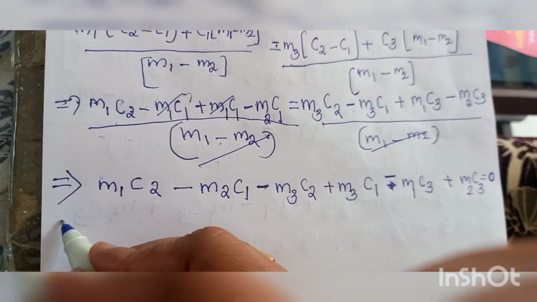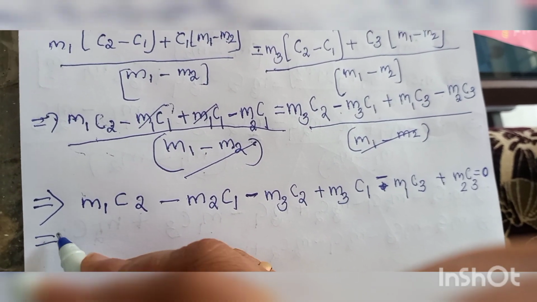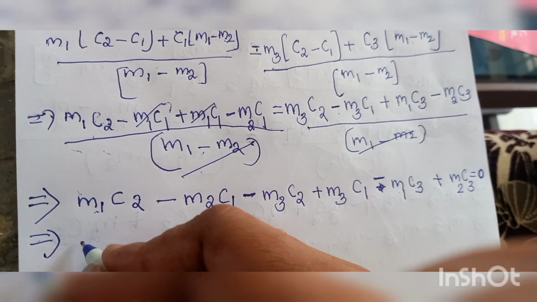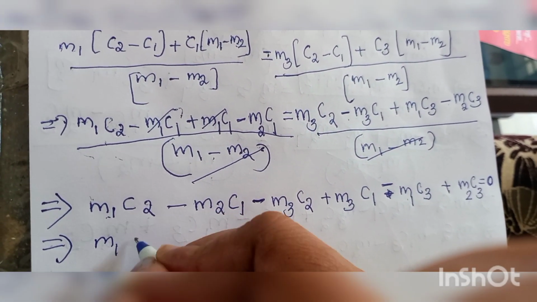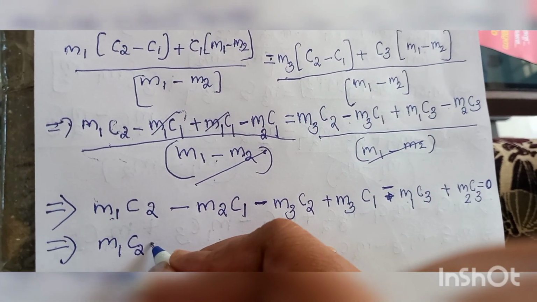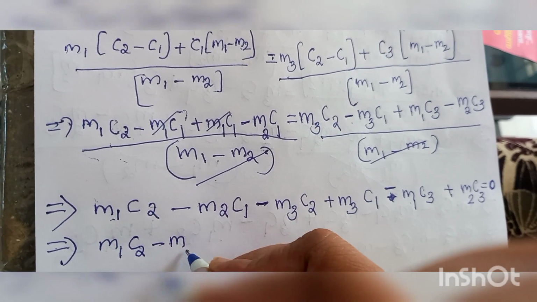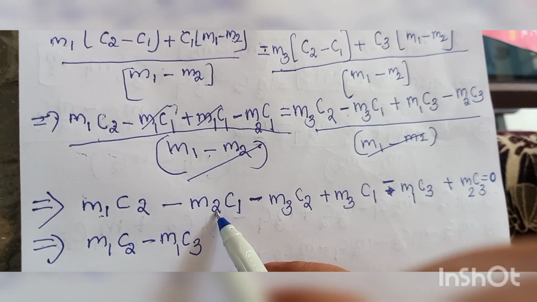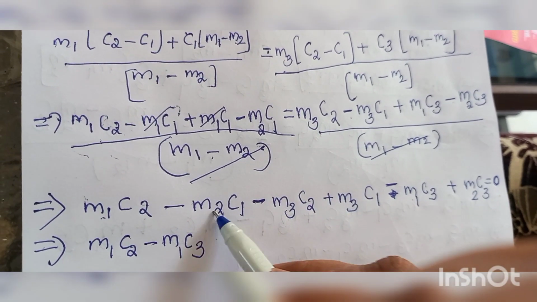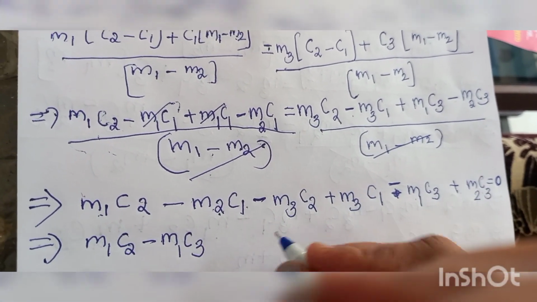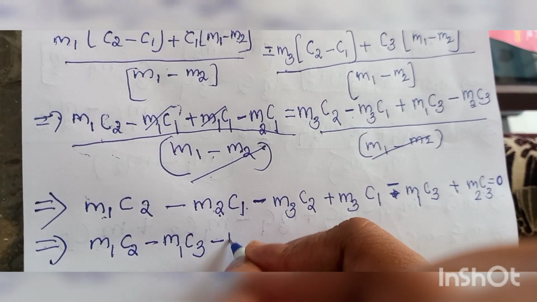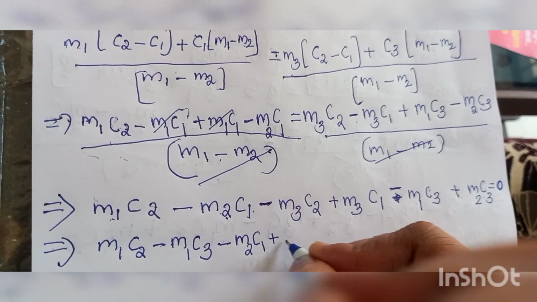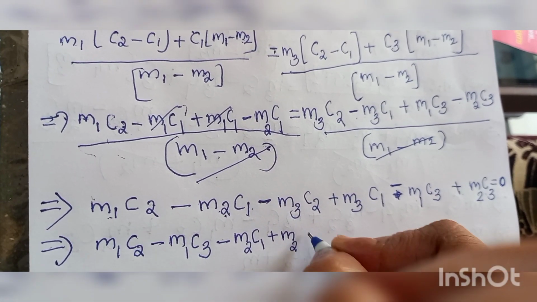Next step, we are going to combine these terms. m1c2 and m1c3 we have to combine: m1c2 minus m1c3. Then minus m2c1 and m2c3 we have to combine: minus m2c1 plus m2c3.